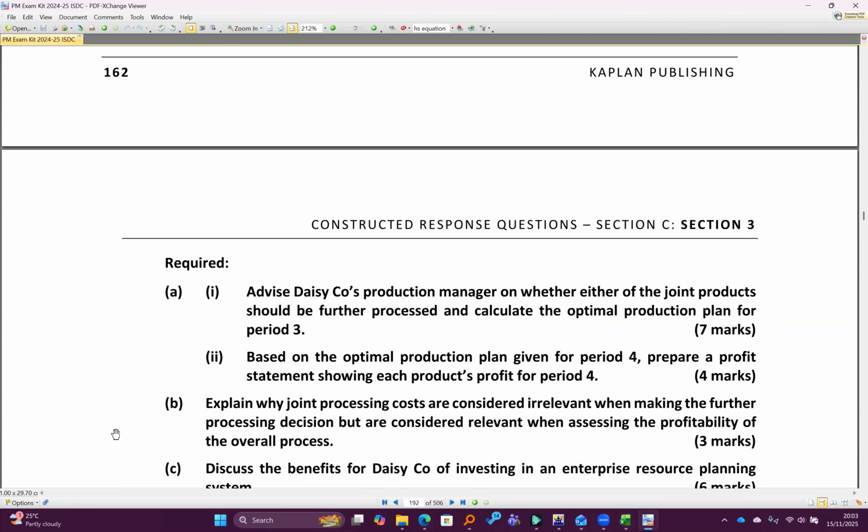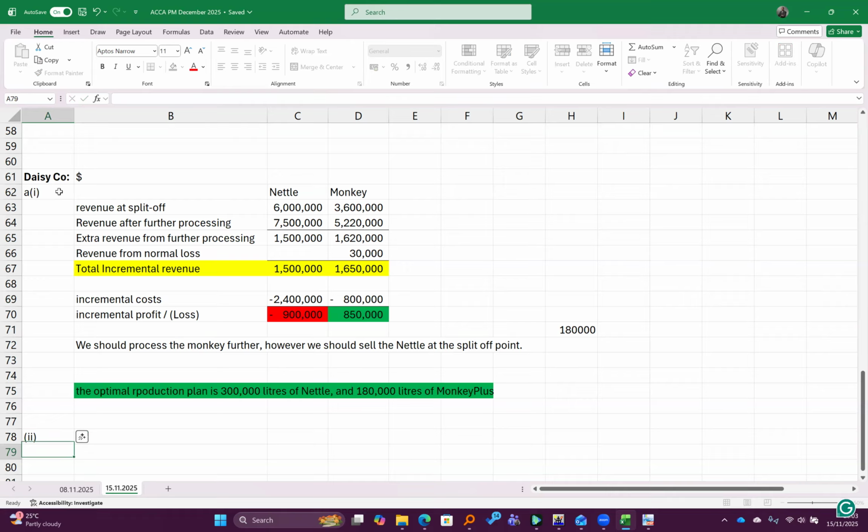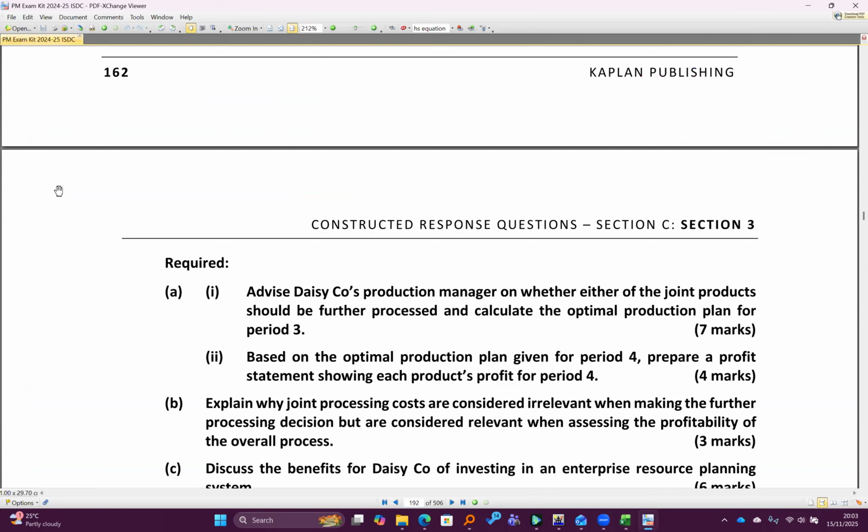Then part A, Roman 1. So Roman 2. So this is for Roman 1. So for Roman 2, they are saying based on the production plan for period 4, we make a profit statement showing the product profit for period 4.